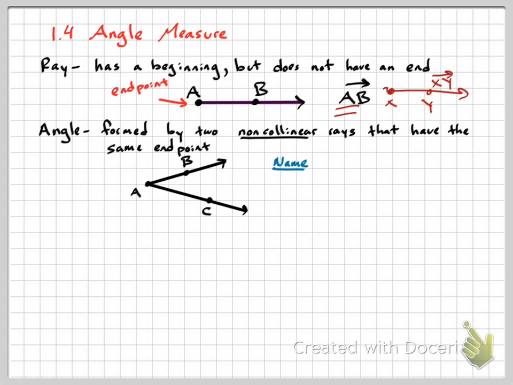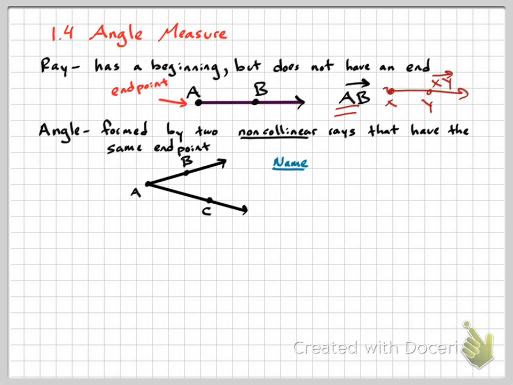But if I want to name the angle, you want to name it where the vertex is always the middle term. So when I'm naming an angle, I either have to use all 3 points, or if it's only one angle in the diagram, I can use what's called the vertex of the angle.